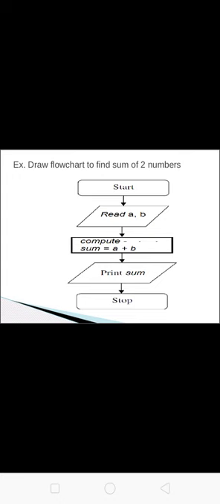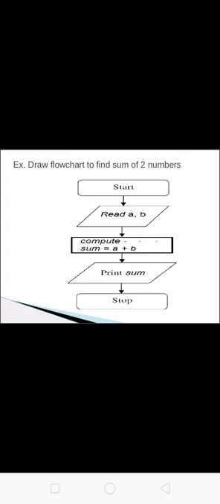Next, the formula: compute sum = a + b. We use the rectangle symbol. Rectangle is used for processing. Next one is print sum. Print sum means output the result. Here we use the parallelogram symbol. For reading and writing, we use the parallelogram symbol. Last one is the stop step.